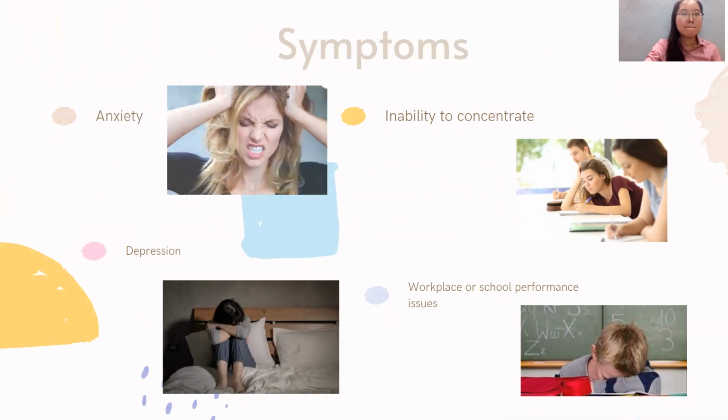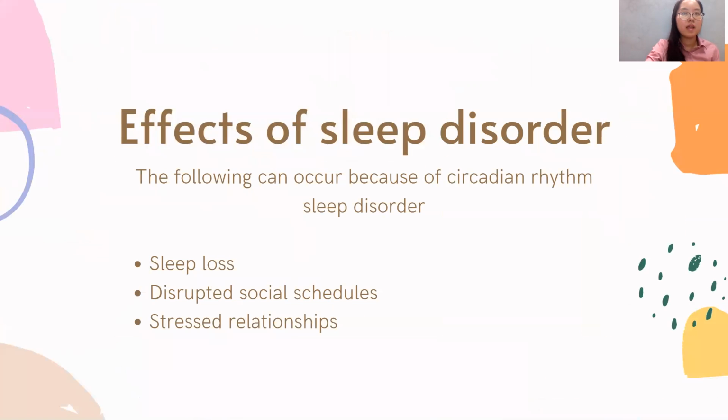Next, the effect of sleep disorder is that inadequate sleep over a significant length of time may weaken the immune system. Also, the effects can occur because of disrupted REM sleep, for example, disrupted social schedule and strained relationships.